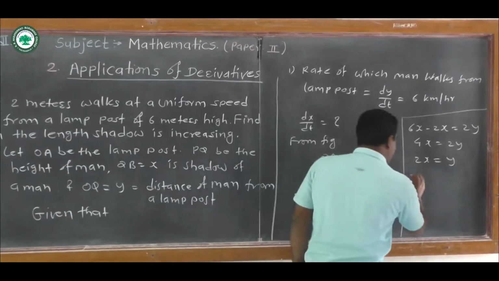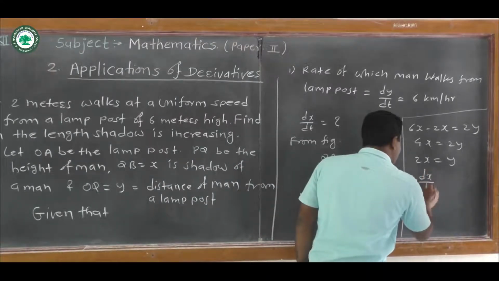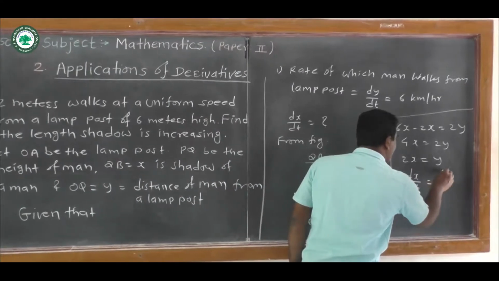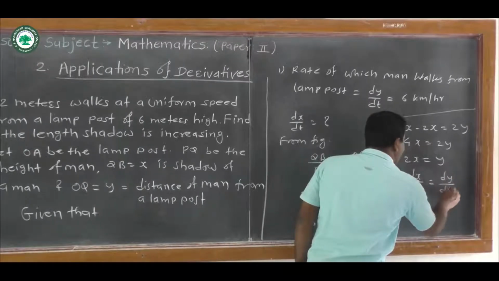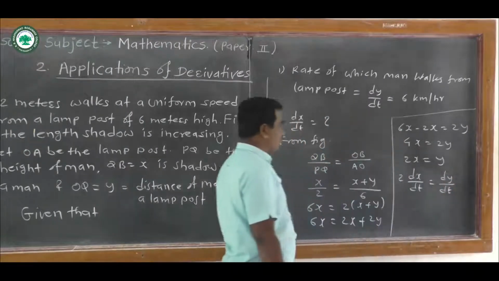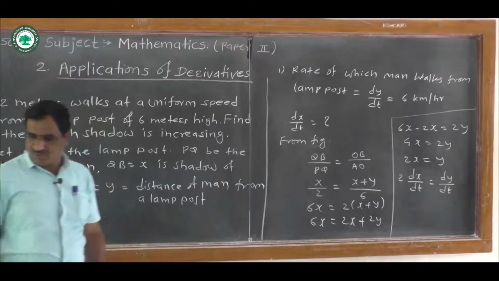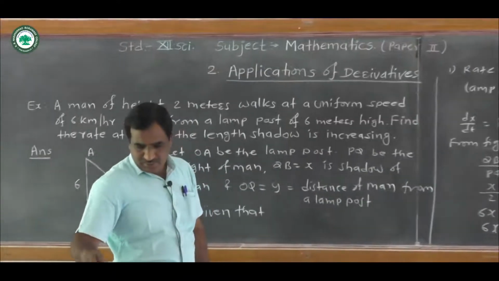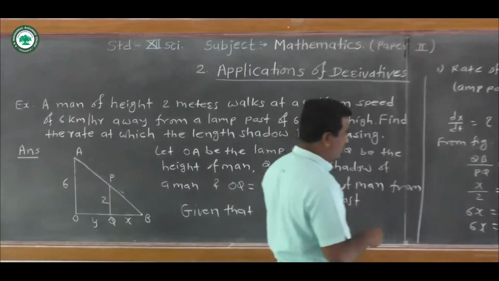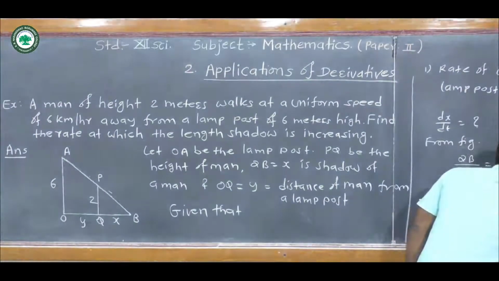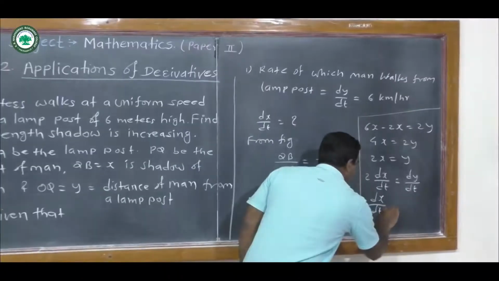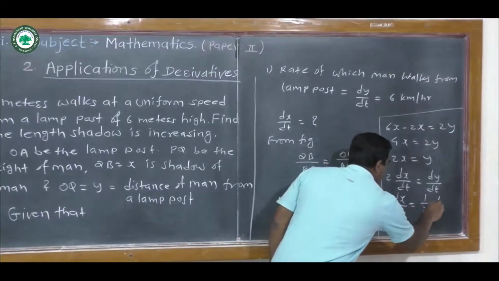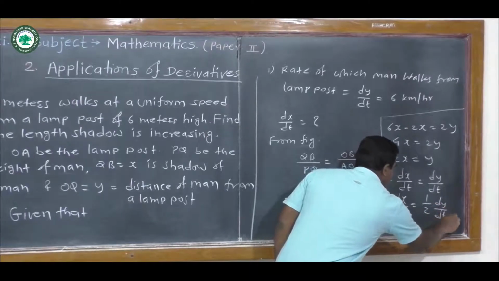That is, we can write 2 into dx by dt is equal to dy by dt. That is dx by dt equal to 1 upon 2 into dy by dt.